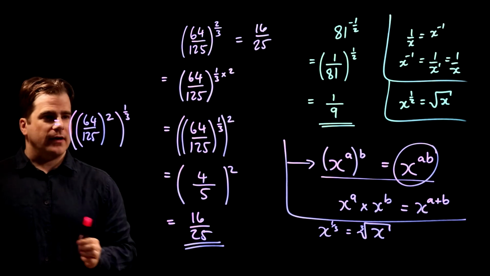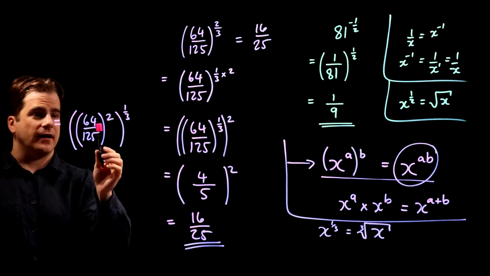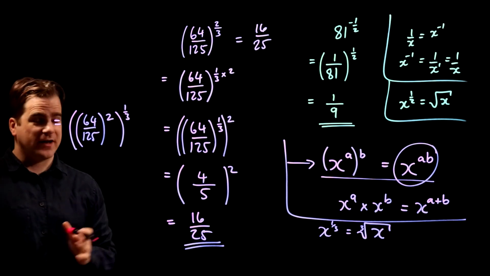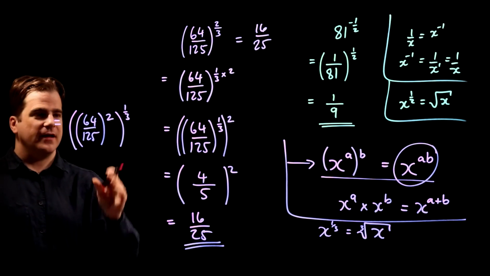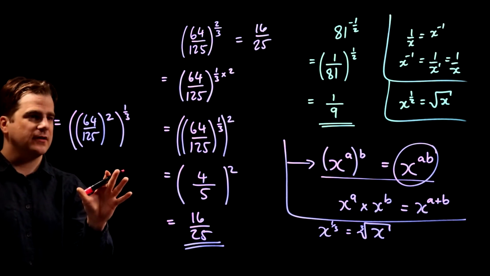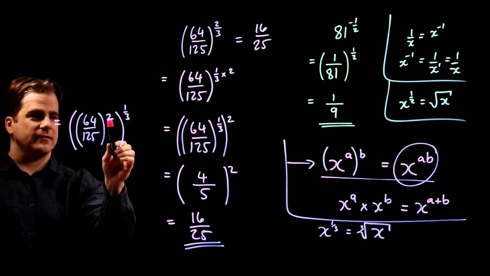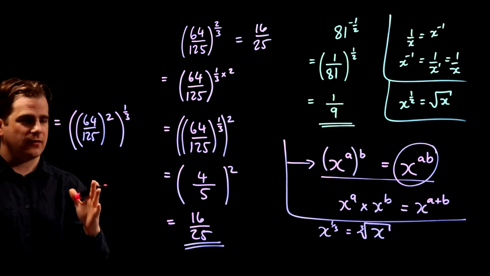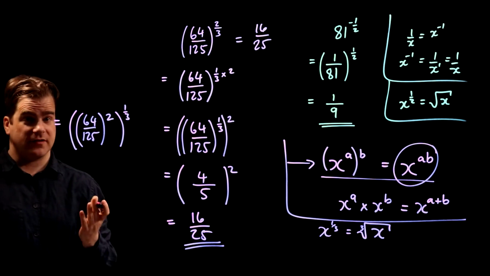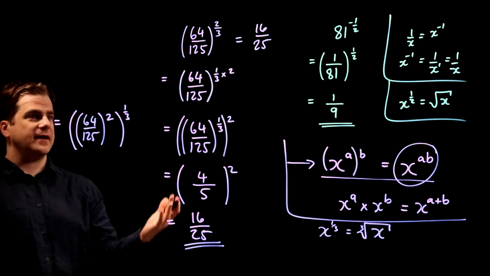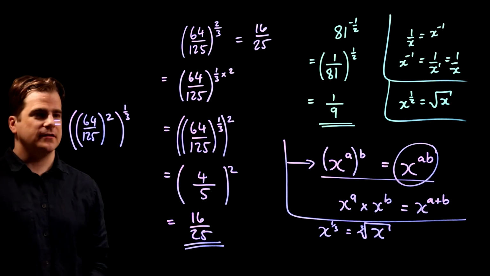I did it this way because I didn't want to do 64 squared. This is a non-calculator paper. If you find something like that happening, just take a pause and go back a step and say, surely they don't expect me to do 64 times 64 and 125 times 125 and then take the cubed root of whatever number that is.